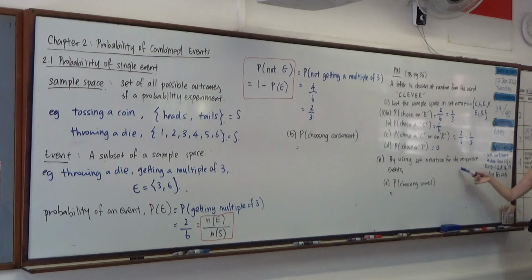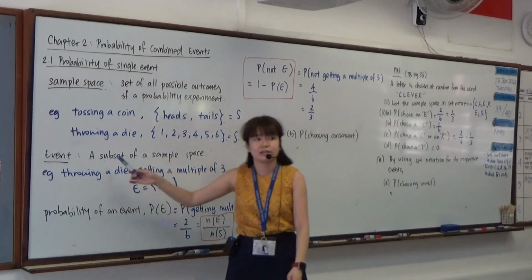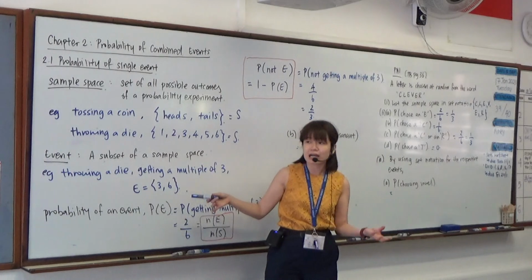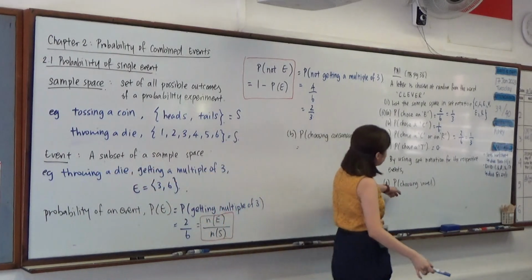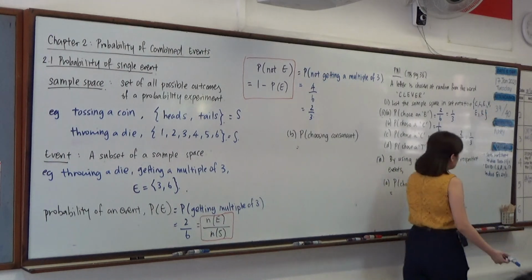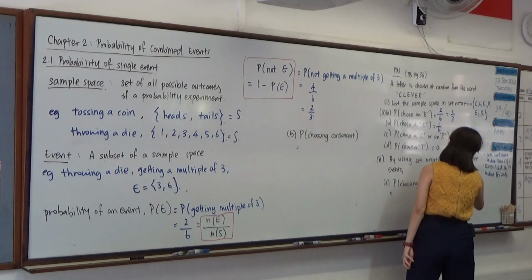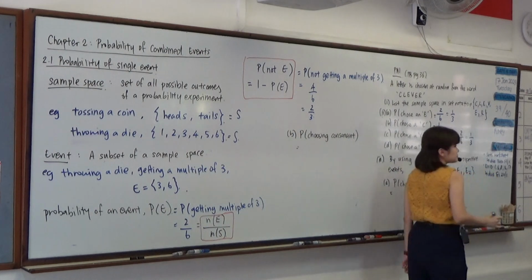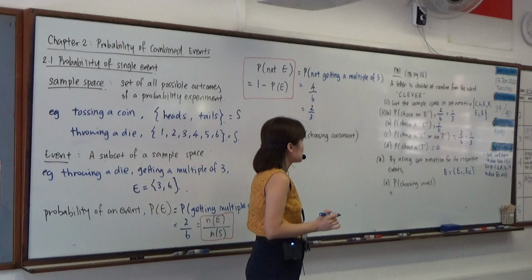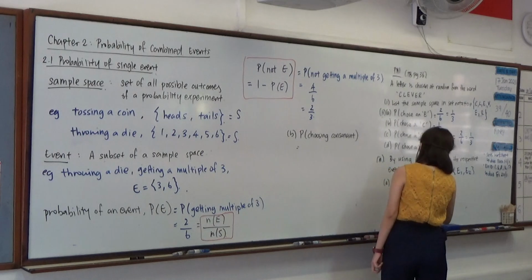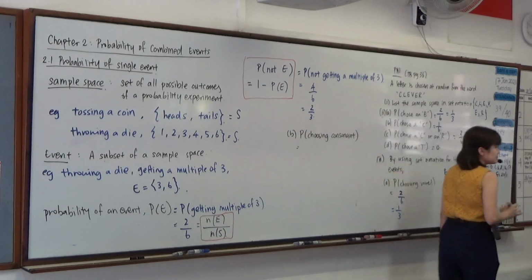It says by using set notation for the respective events. An event itself is a subset of the sample space. So what the question is asking you to do is to list out the favorable outcomes for this event. For choosing a vowel, in this particular case, we only have 2 vowels, E1 and E2. So the event that we're looking at is E1 and E2. Therefore the probability of choosing a vowel will be 2 out of 6, which is 1/3.